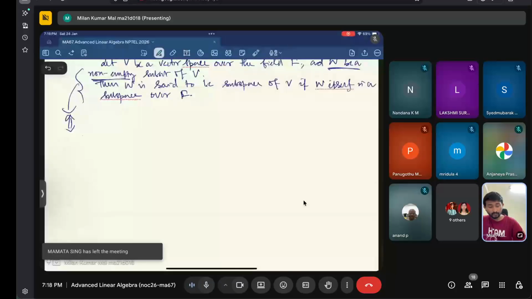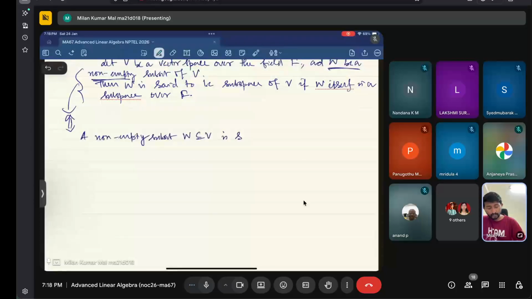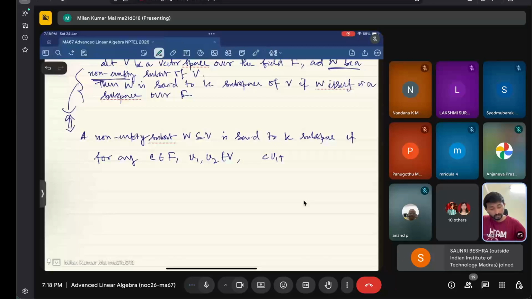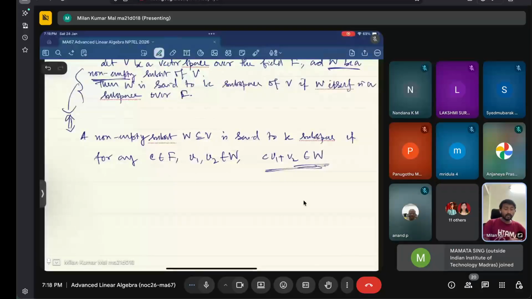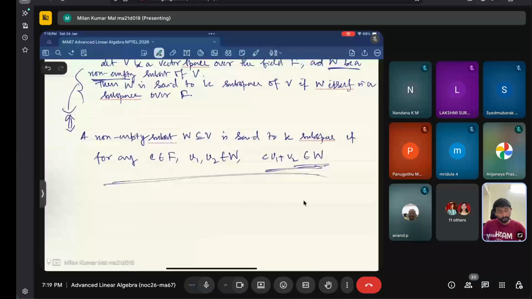A non-empty subset W of V is said to be a subspace if for any c belonging to the field, and v1 and v2 two entries from V, c v1 plus v2 belongs to the set W. This is not V, this is W. This will give every property, with the remaining properties inherited from V. Whenever W is a subset of V, some properties are inherited from V.